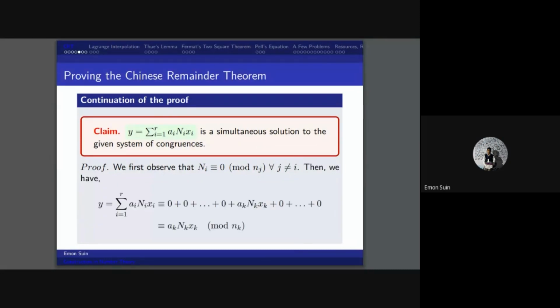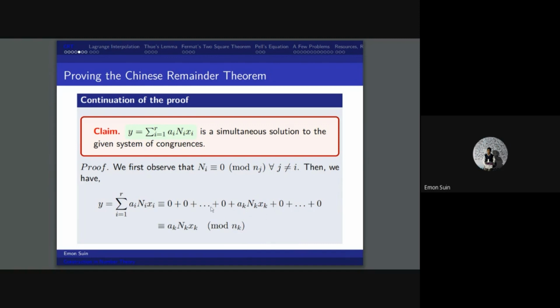Then y, the summation of ai Ni xi, will be congruent to 0 plus 0. For every i up to k minus 1, these terms are congruent to 0. Since we are considering mod small nk, this ak capital Nk xk will be the only term which is not divisible by the small nk.